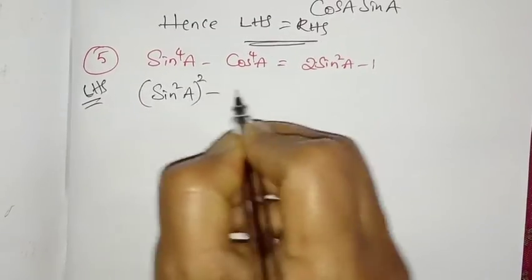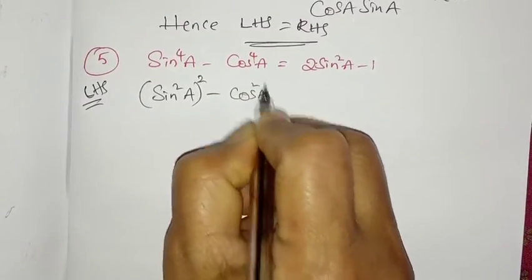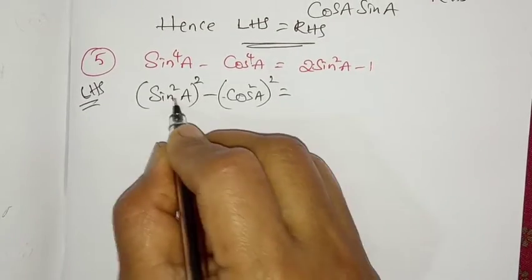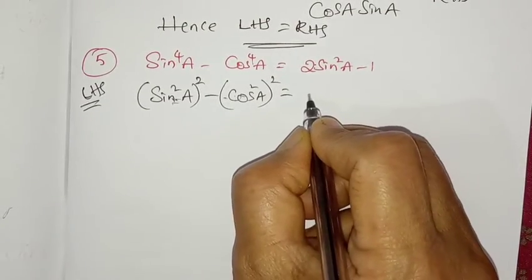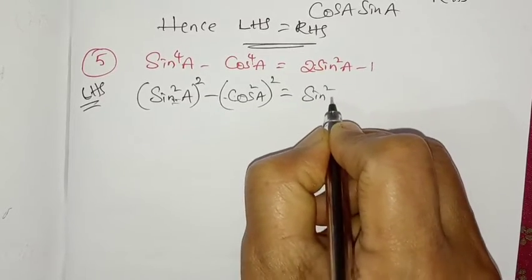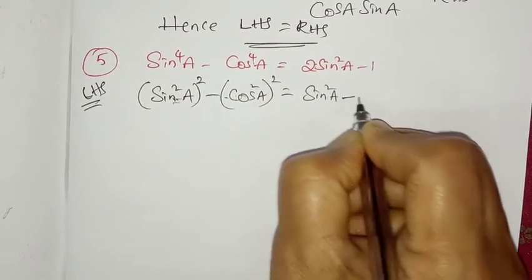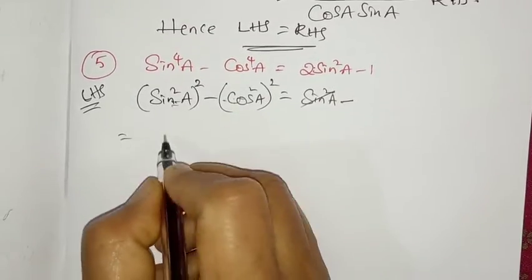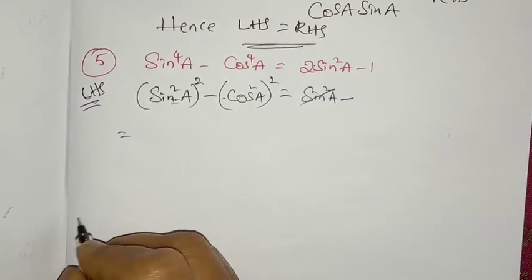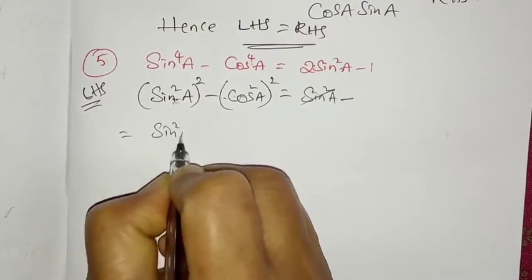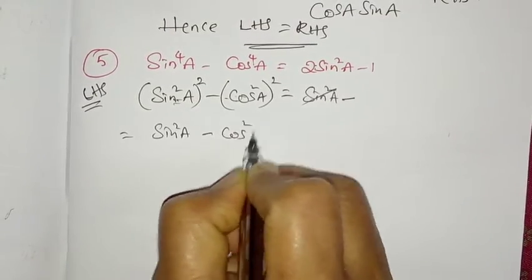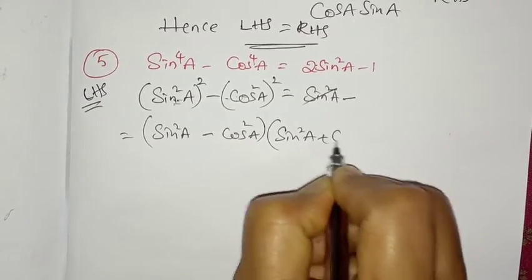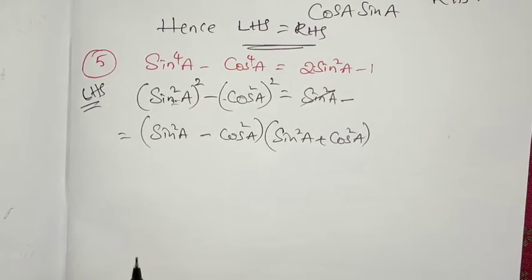(sin^2 a)^2 - (cos^2 a)^2, which is of the form a square minus b square. How can we write it? This place won't be sufficient, so I will start writing here so that we can mention the reasons. (sin^2 a - cos^2 a)(sin^2 a + cos^2 a).